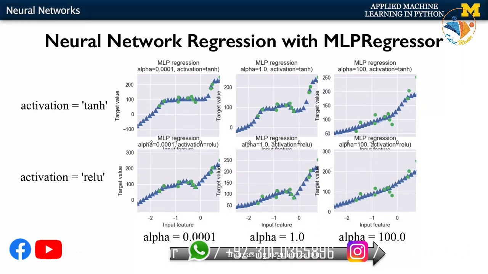Again, as with classification, the effect of increasing the amount of L2 regularization by increasing alpha is to constrain the regression to use simpler and simpler models with fewer and fewer large weights. You can see this effect for both activation functions in the top and bottom rows. The regression line on the left has higher variance than the much smoother regularized model on the right.